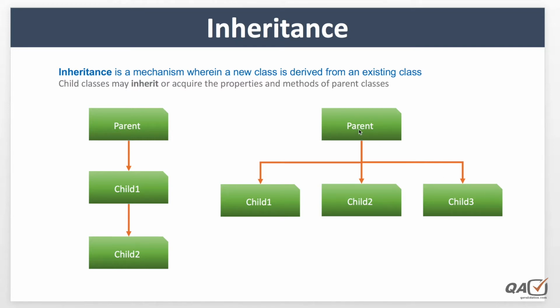It means there is no relation between child 1 and child 2, but there is a relation between child 1 and parent, child 2 and parent, and child 3 and parent. This is called hierarchical inheritance. We'll see that in action and how we can utilize it.